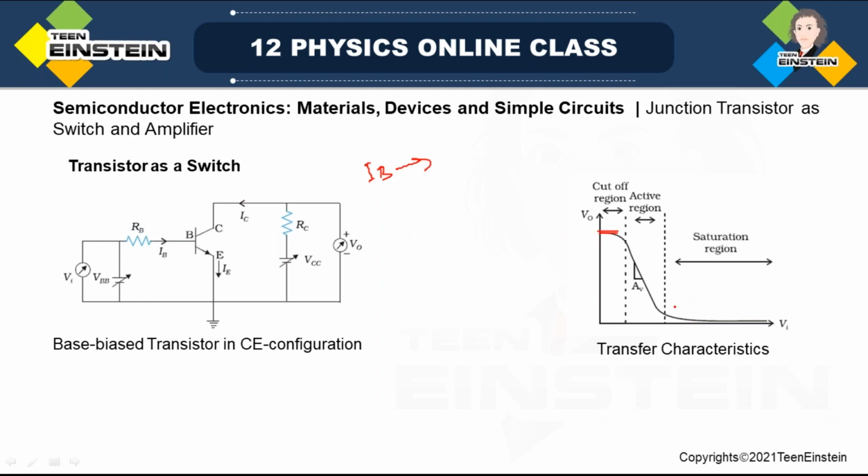Then only we can use this as a switch. So this is the switch action. Now I'll request you to read the NCERT textbook, and if you have further doubts on how to use a transistor as a switch, you can ask me. That part is over now.